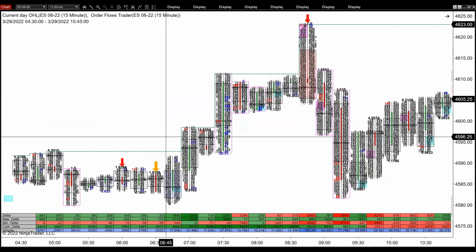Now, again, it's funny because someone just asked a question. I don't understand this. Well, you have to understand value. If you're not familiar with market profile or volume profile, volume profile is looking at where the volume trades.